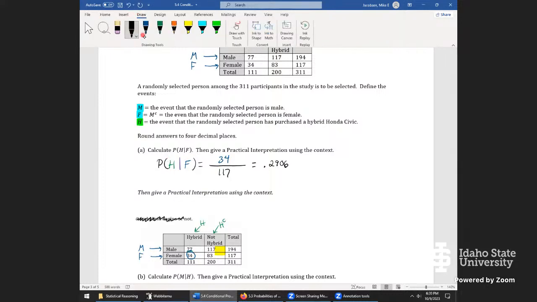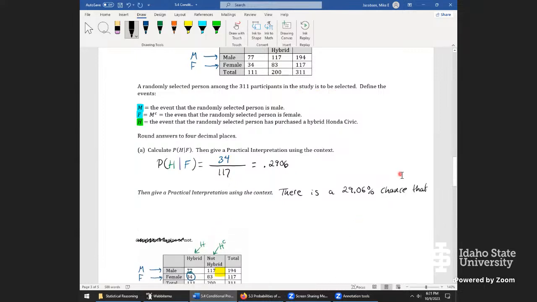We'll say here, there's a 29.06% chance. Now we need to talk about what's really happening here. They're randomly selecting a purchaser of a Honda car. So I'll say here, randomly selected Honda purchase.